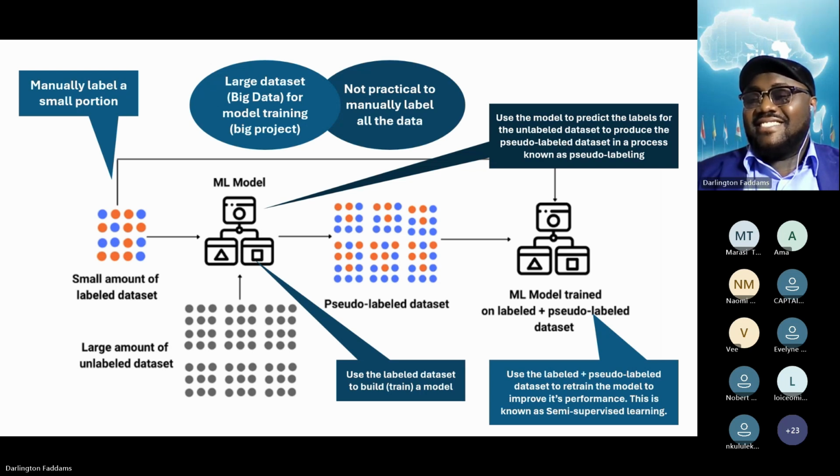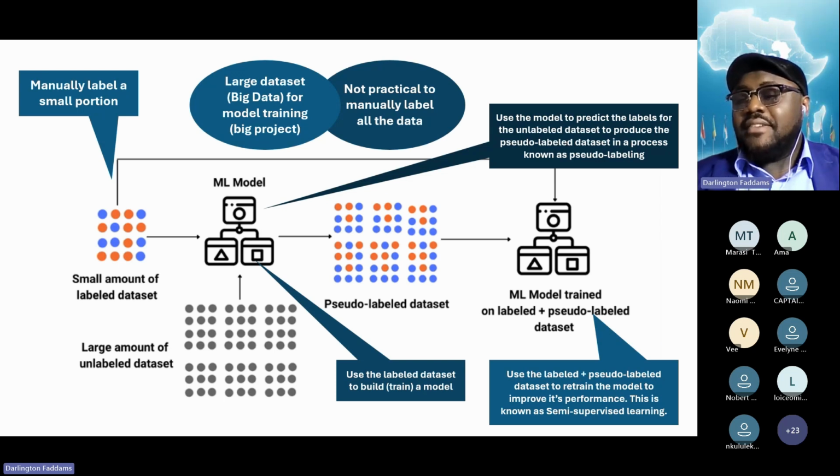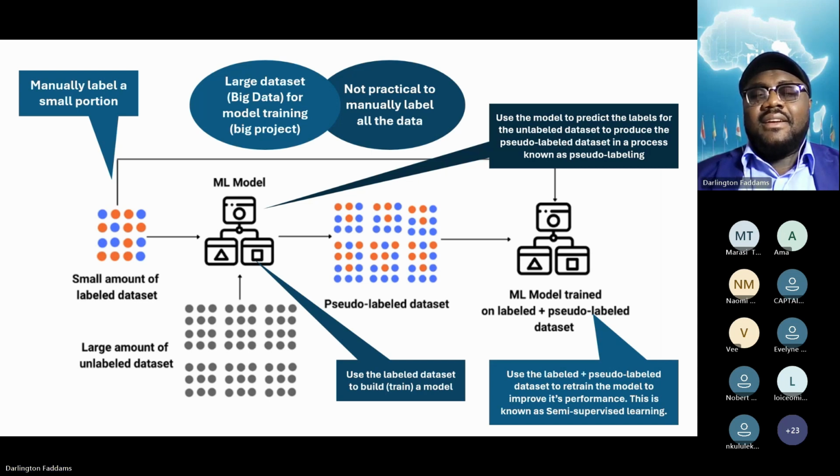All right. Thank you for that question. So someone says, what happens if some of the pseudo labels are wrong? Will the retraining not give wrong results? All right. So this is why we do the retraining with the correct and the pseudo data.